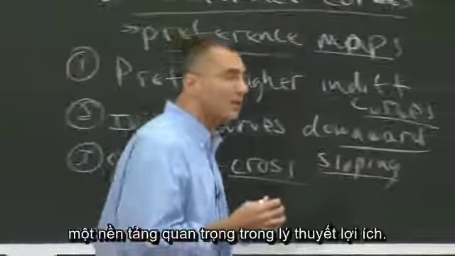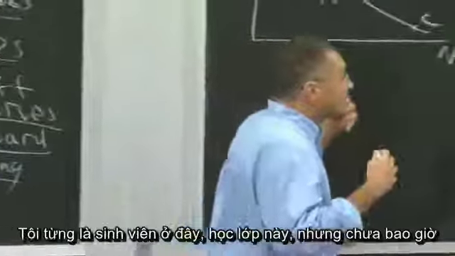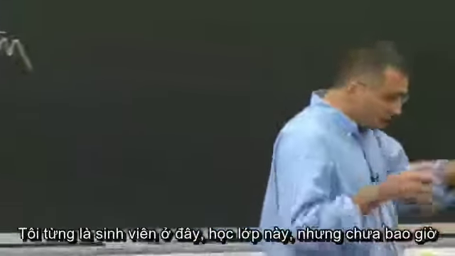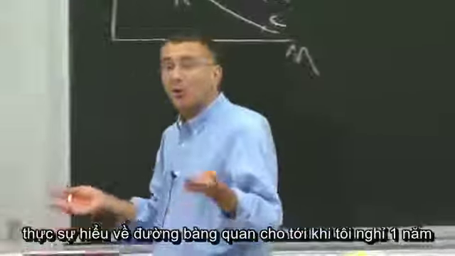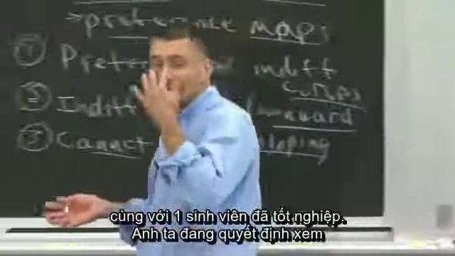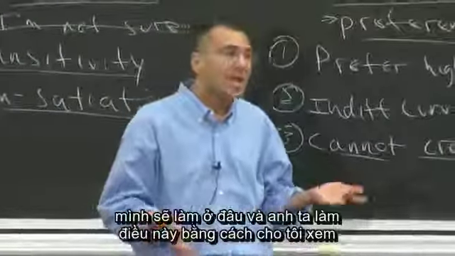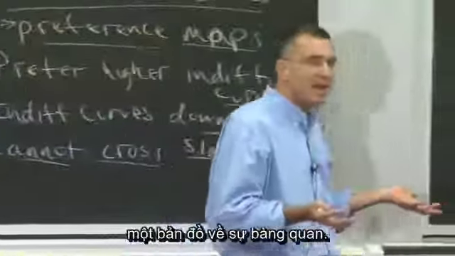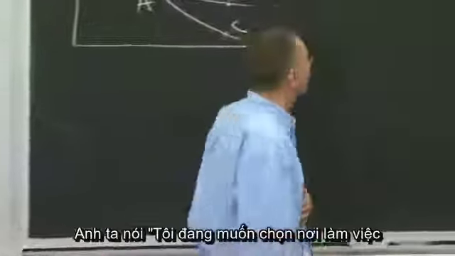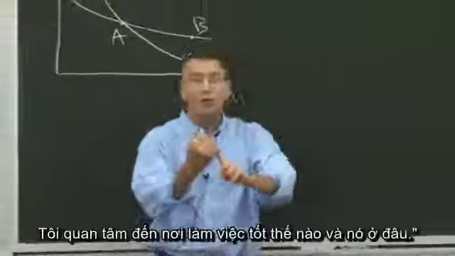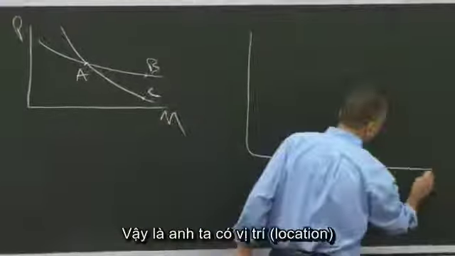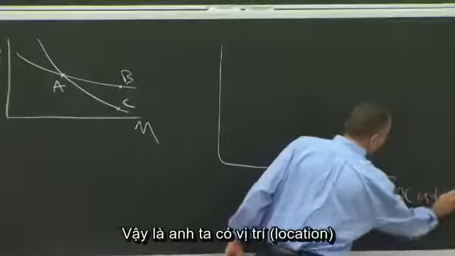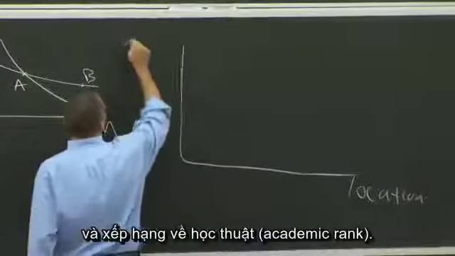Now, I was an undergrad here, took this course, but I never really understood indifference curves until I had a year op with a grad student who was trying to decide where to take a job. And he did it through just showing me an indifference map. He said, look, I'm trying to decide where to take a job, and I care about 2 things. I care about how good the place is and where it is. Okay? So he had location, and he had academic rank.